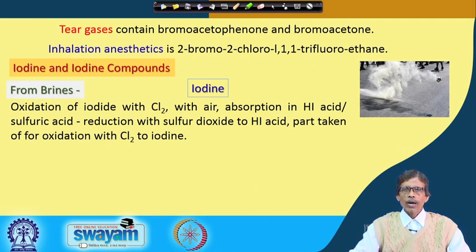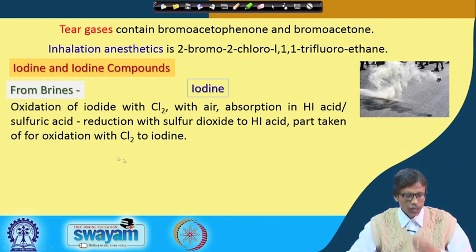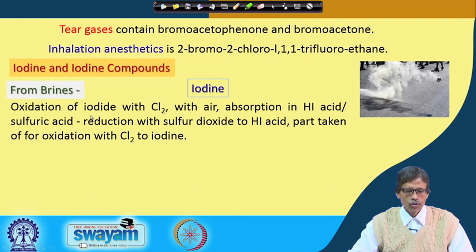So, oxidation of iodide will be done with chlorine, with air and absorption in HI, hydroiodic acid, and sulfuric acid. Then reduction with sulfur dioxide to hydroiodic acid, and part is then taken for oxidation with chlorine to iodine. So, it is not very complicated. Oxidation of any iodide salt by chlorine will give you free iodine.